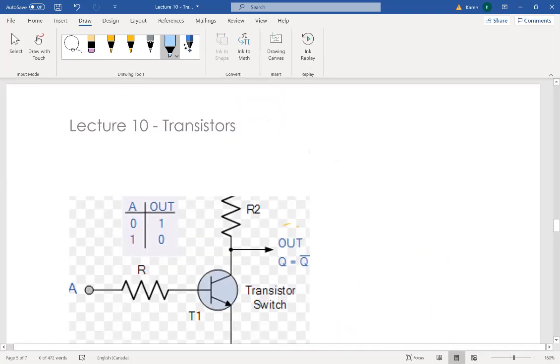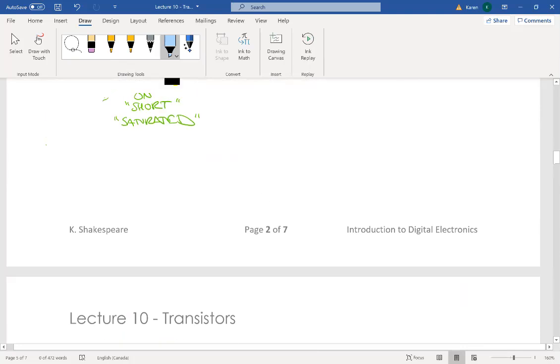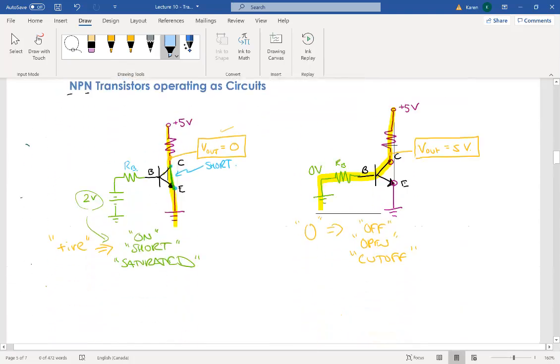I just want to clarify something up here. I really described this wrong. This is a wrong way to describe this circuit. When I apply a 0 to this base, it doesn't close this circuit so that it can come this way.